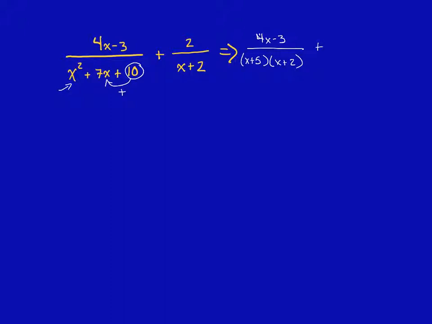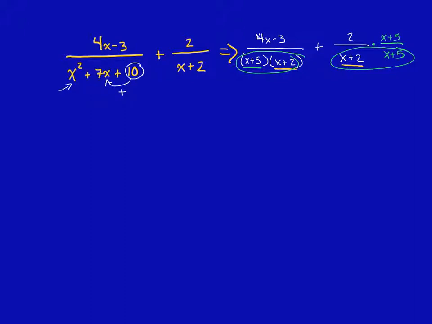And then 2 is already factored, and x plus 2. So you can see that we have a common factor of x plus 2, but the second fraction is missing x plus 5. So we are going to multiply this second fraction by x plus 5 over x plus 5, so that we have the same denominator with the same factors.